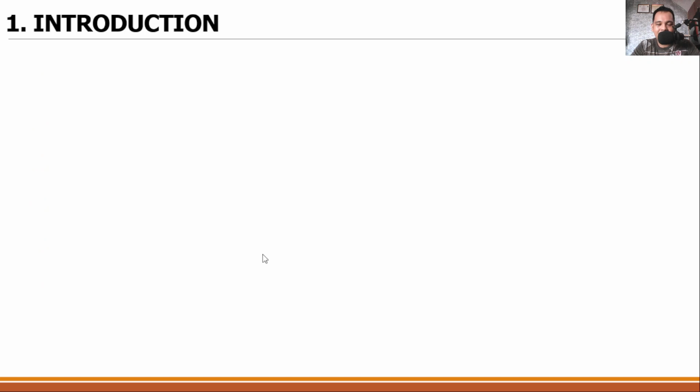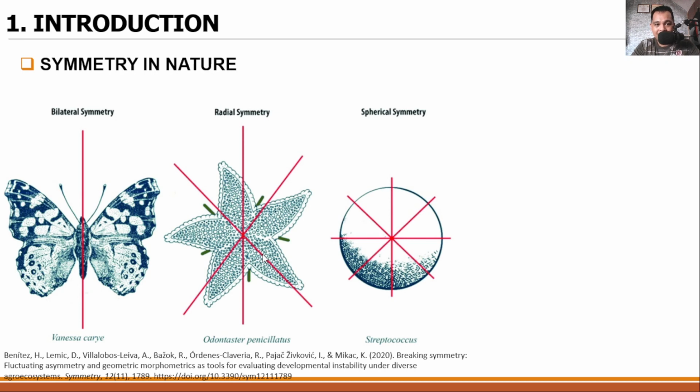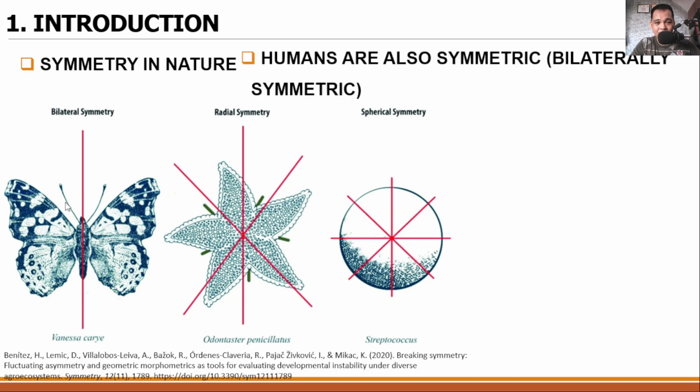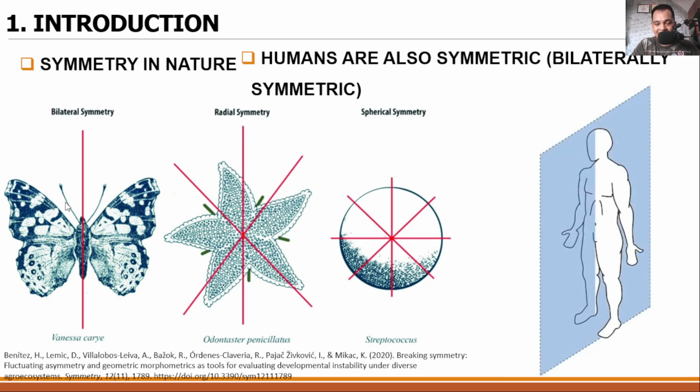Symmetry exists in nature. We can see it in butterflies, starfish, and streptococcus bacteria, which exhibit symmetrical features when you cut them in half. We humans are also symmetric. Why do I say that? We are bilaterally symmetric because when we are divided in the middle, we have two eyes, two hands, two feet, and the middle is the same. You will not see a person with only one eye.